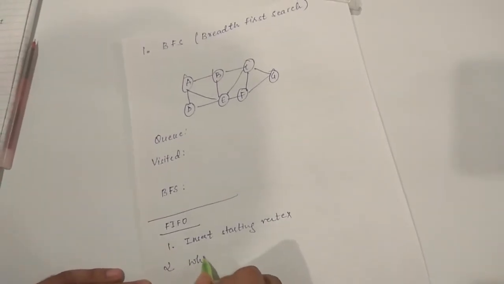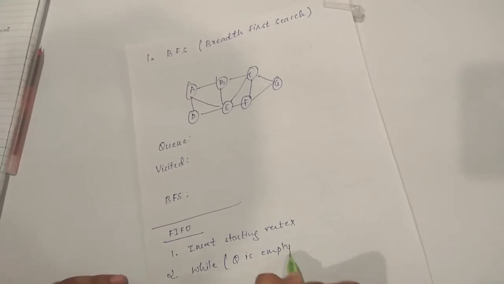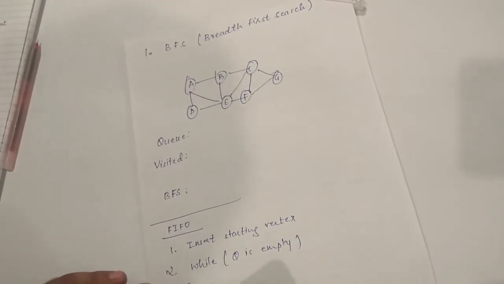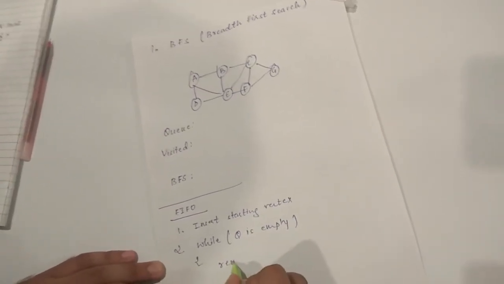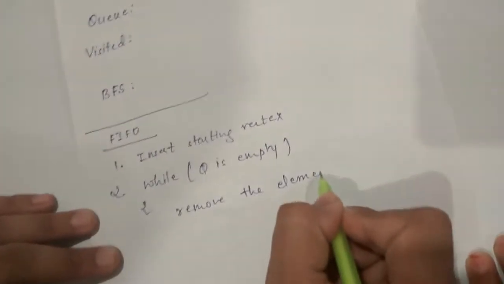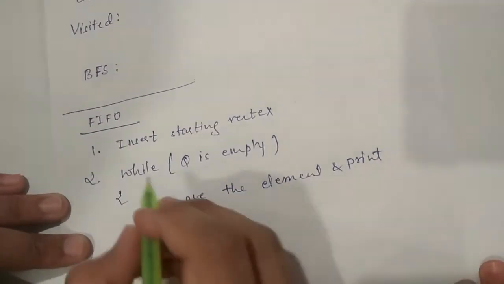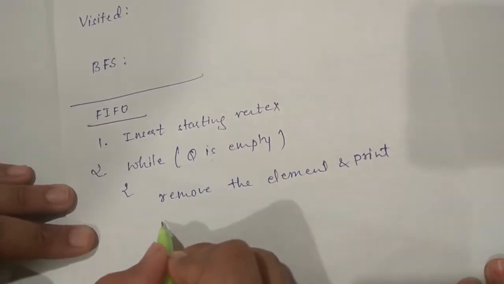Second, while your queue is not empty. So until your queue is empty, you need to remove the element and print, or you can say remove the element and store it in your BFS traversal.